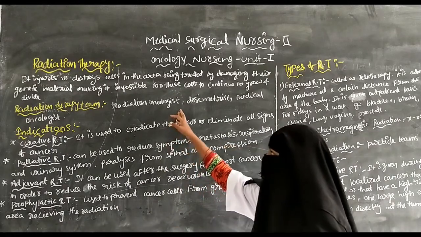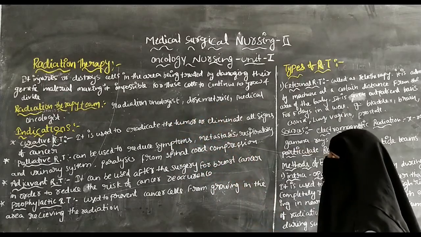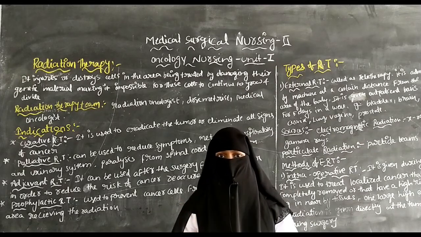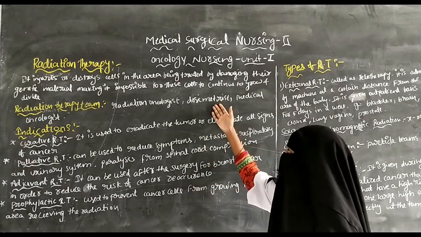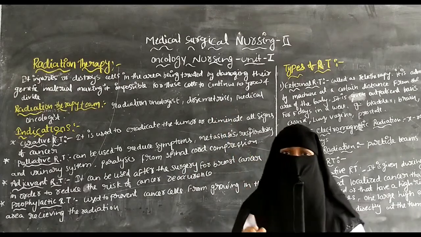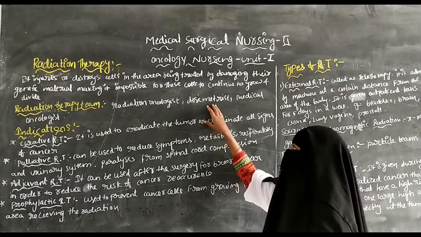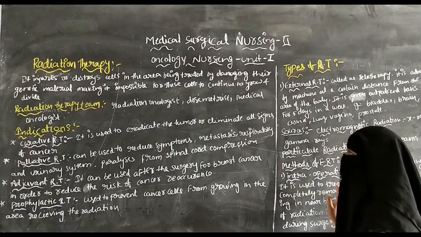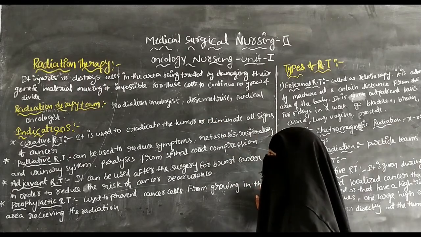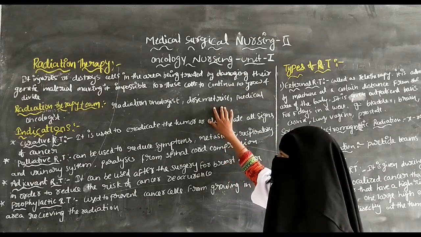The radiation oncologist is included, and the dosimetrist. The dosimetrist decides how much radiation dose should be administered to the patient. According to the patient's condition, the dosimetrist will plan the dosage of the radiation.